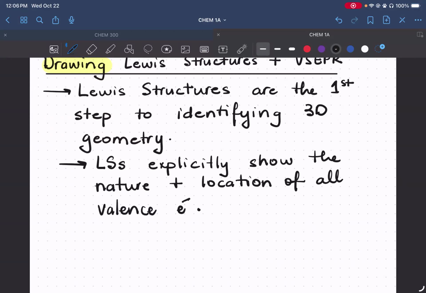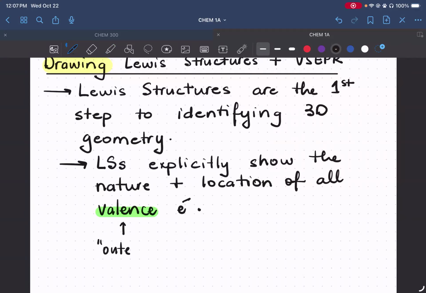Now, there's a term we haven't heard from in a while: valence. We talked about it way back in module 1 content, vis-a-vis naming, charges, all that nice stuff. So let's remind ourselves what valence means. It quite literally means outermost.